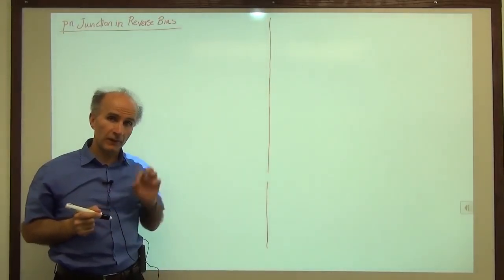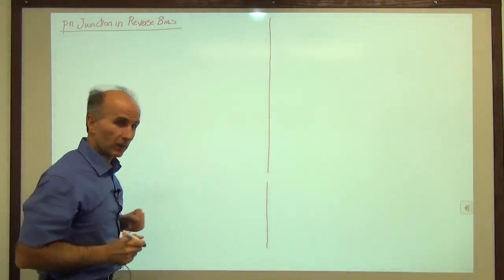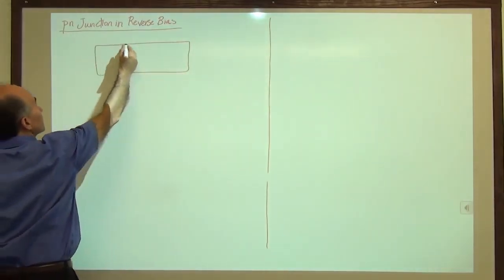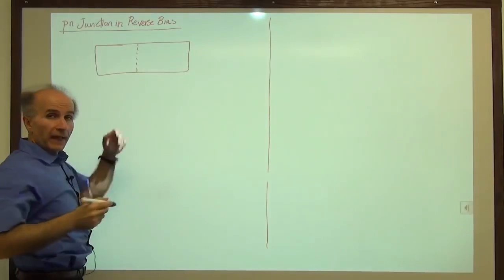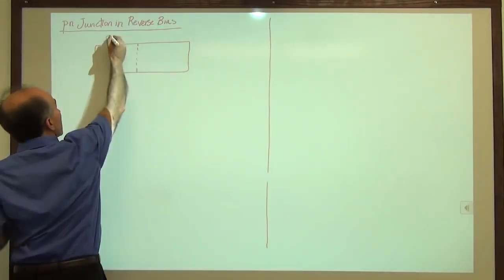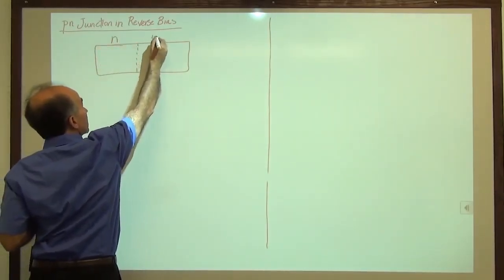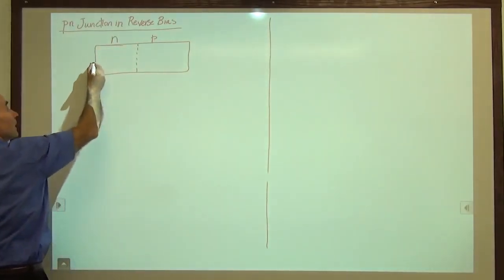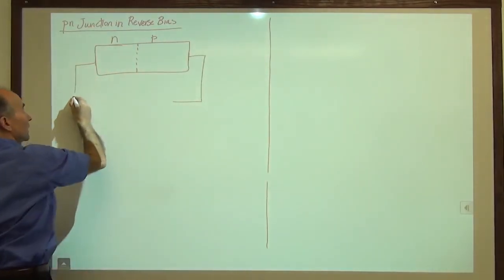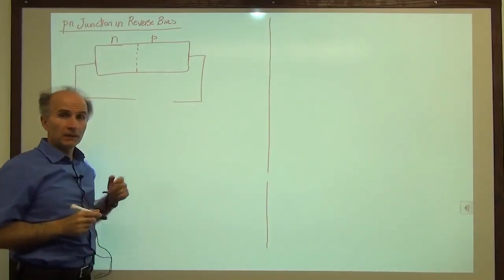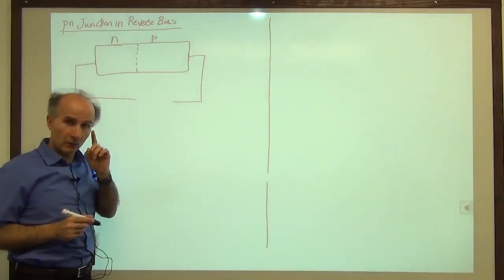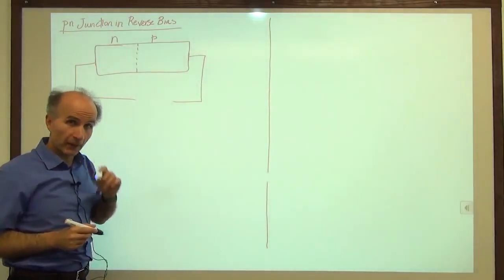Now, the definition of reverse bias is as follows. We take our p-n junction, let's say with the n side on the left and the p side on the right. You can draw it however you want, but here's one possibility, n here and p here. All right, we have the two terminals on the two sides, and we connect a battery between these two. The battery has to be connected in a very specific way for us to have reverse bias.